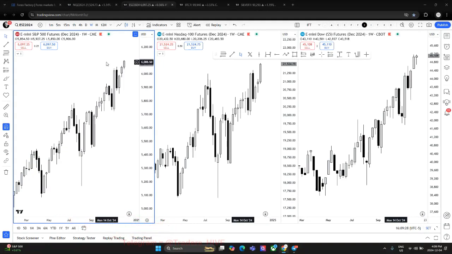Anyways, at these levels, first of all, we have no SMT here, right? No precision candle here. So at these levels, you need to approach it with caution. And also, you can see that we have contract expiry date on Friday the 20th, which is only 6 days from now.